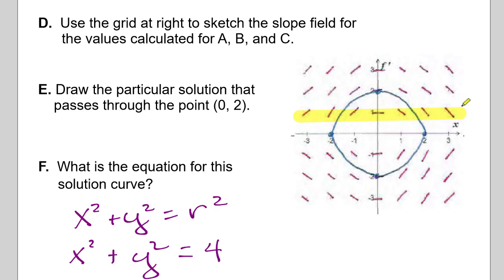So as we go across for a fixed y value, at least above the x-axis, we can see that the value of dy dx is decreasing. Okay, so I would say if y is greater than 0, then dy dx decreases. When we look on the bottom, we can see that it starts out negative, and then it's less negative and less negative, and then 0.